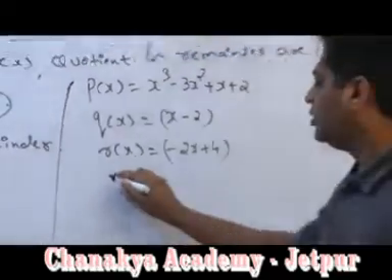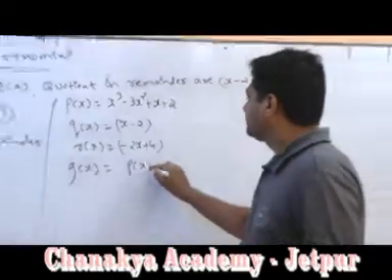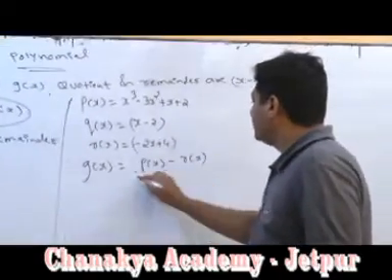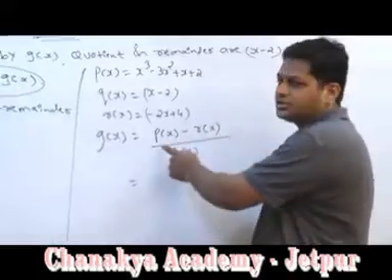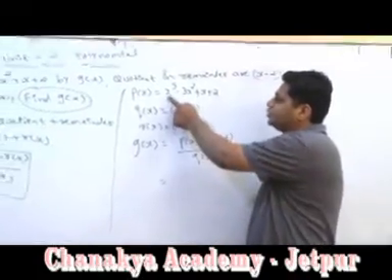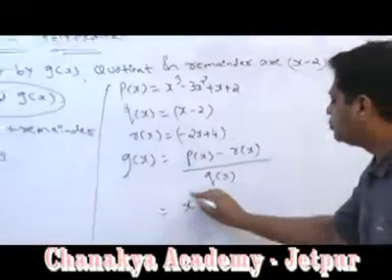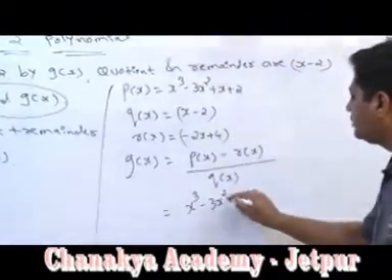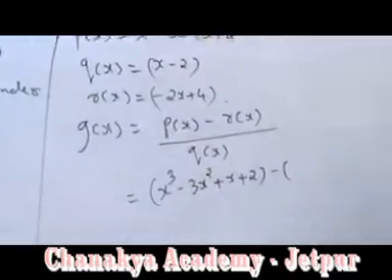Now we are inputting into our formula g of x equal to p of x minus r of x divided by q of x. Now students, we are just inputting the values. What is the value of p of x? X cube minus 3x square plus x plus 2 minus r of x. What is r of x?